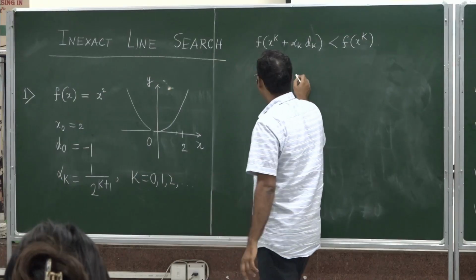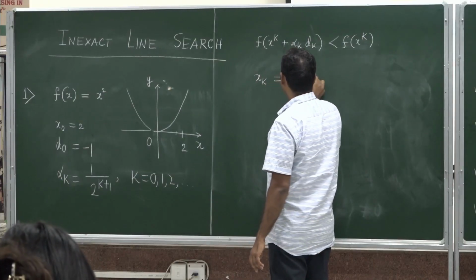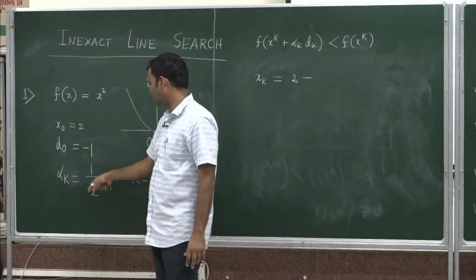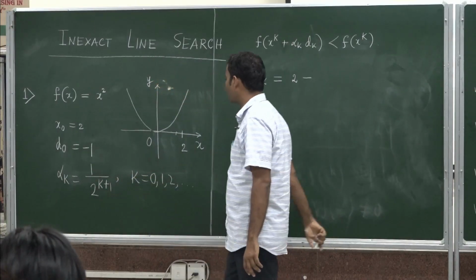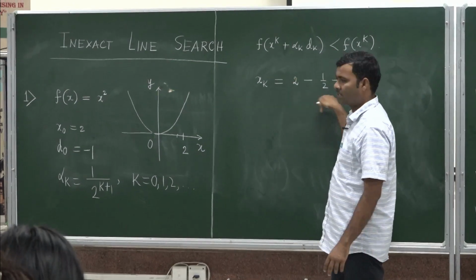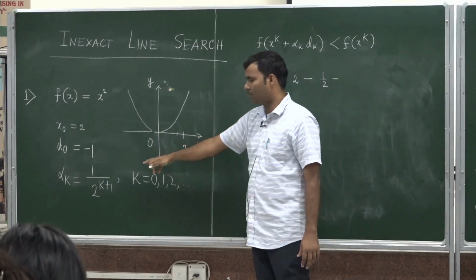You notice that the first iterative point is 2, the second one will be how much length we are taking, 1 over 2, right, k equal to 0, so 2 minus half. Then after reaching at 3 by 2, we are taking the step of 1 by 2 square, is not it?